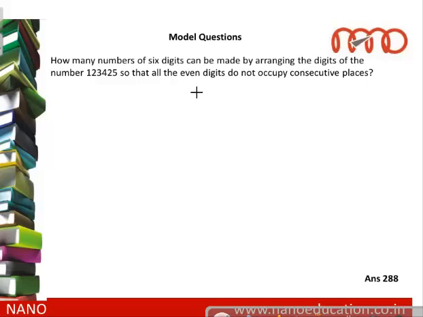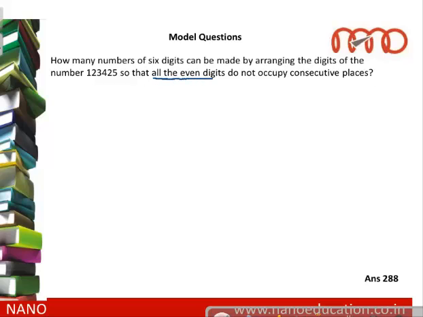Next question. How many numbers of 6 digits can be made by arranging the digits of the number 1, 2, 3, 4, 2, 5 so that all the even digits do not occupy consecutive places?